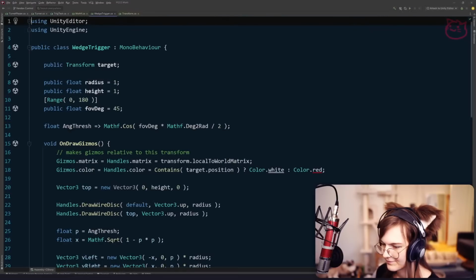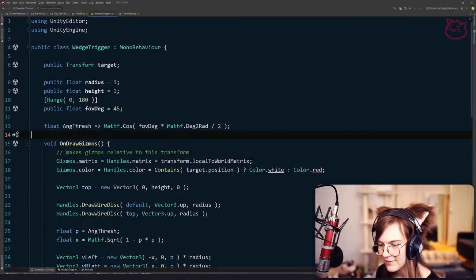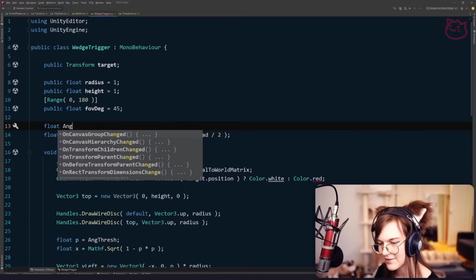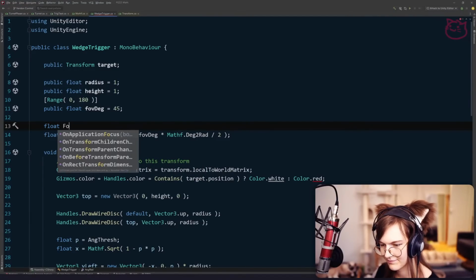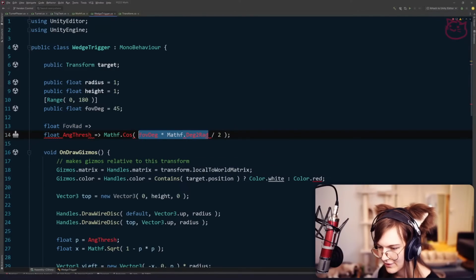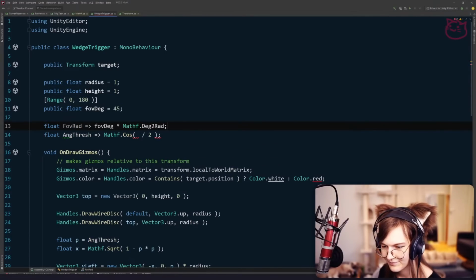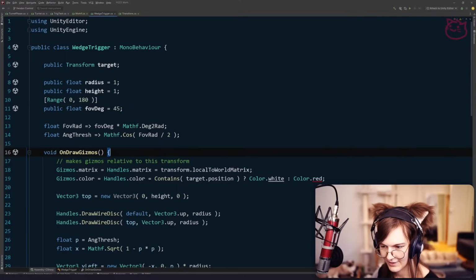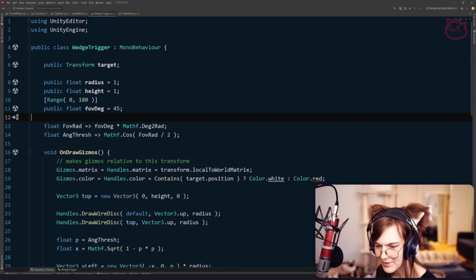All right, so now that we know the angle, we're going to need the field of view in radians, so might as well make a property for that too. I like properties, they're very useful.